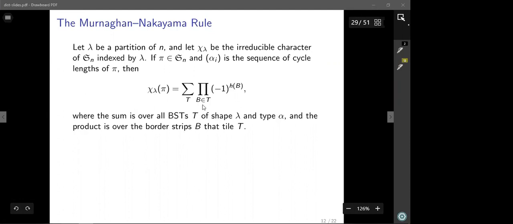And then you have this product. You take the product over all the border strips in the tiling, and you take -1 to the height of B. Remember, this is the number of rows of B minus 1. Okay, so that's the formula, and I'll go through an example in a moment.